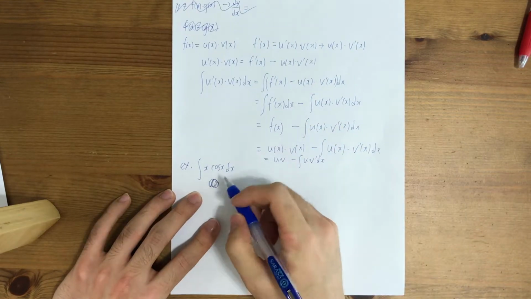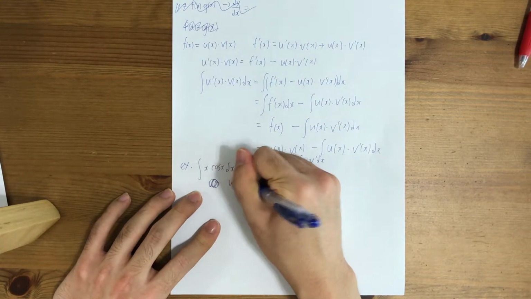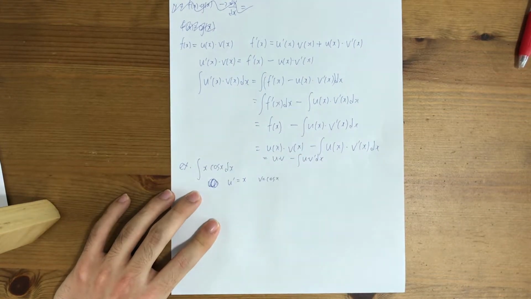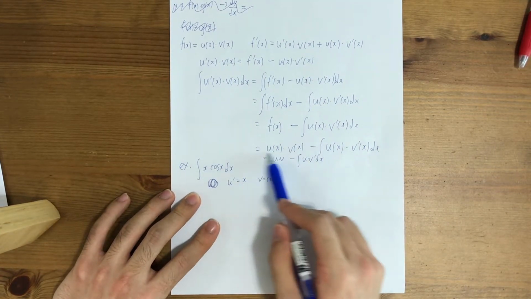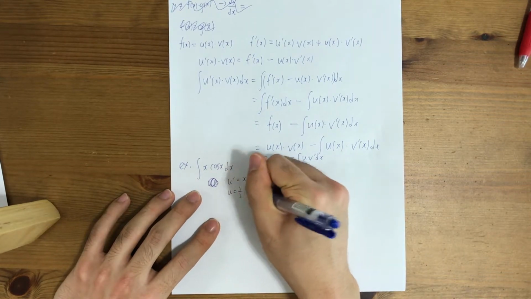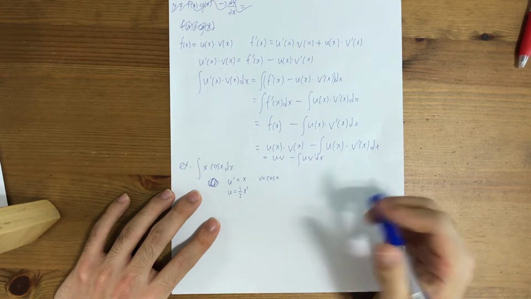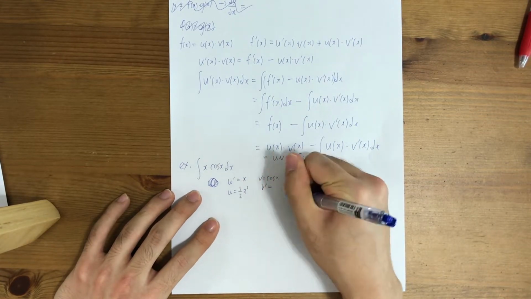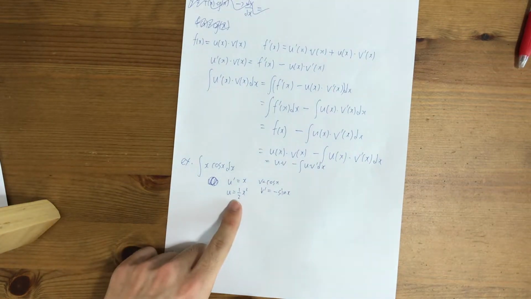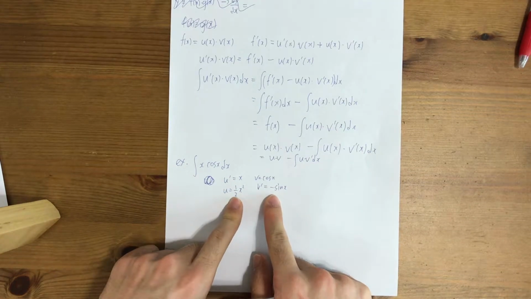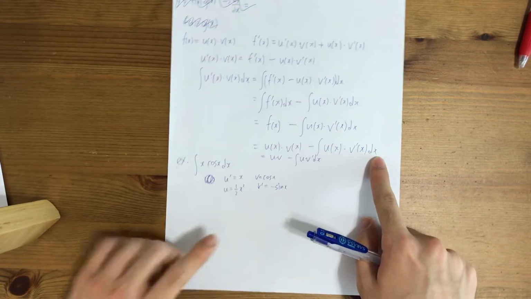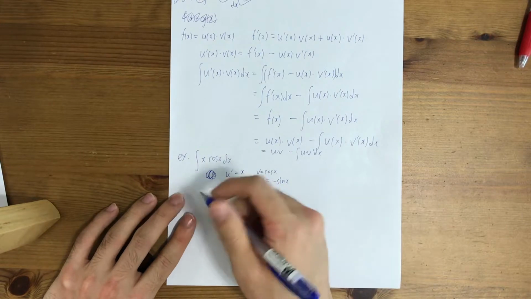But anyway, let's say u prime as x and v as cosine x for this case, okay? Then in order to integrate this, we have this, right? So we have to find the original u, which should be this, and we have to find v prime as well, which is this. And for c here, you can omit it first because you will add it at the very end, so you can just forget about it in the middle.